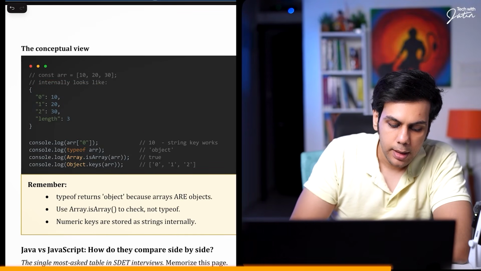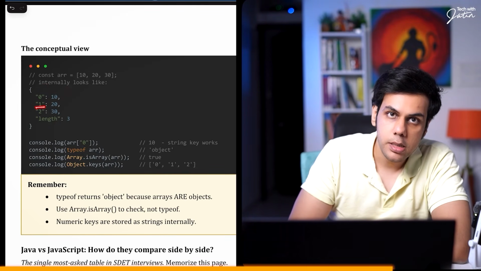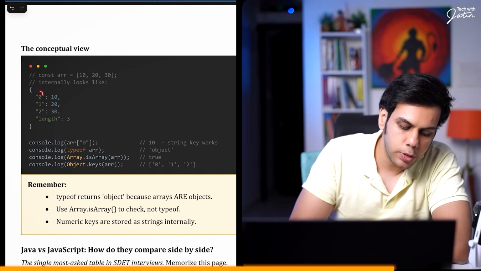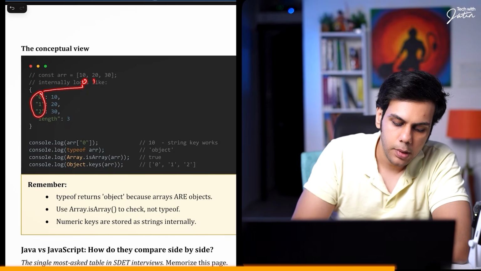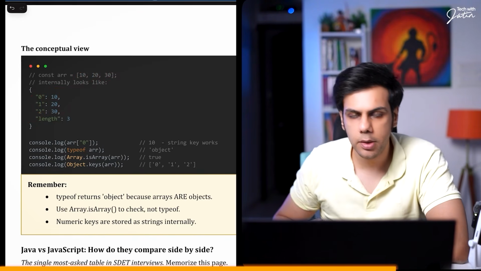Over here, 0, which is in double quotes, is the key. And what is the value? 10. 1 is the key. What is the value? 20. 2 is the key. What is the value? 30. So the indexes are basically the keys, and the values 10, 20, 30 are treated as the values.